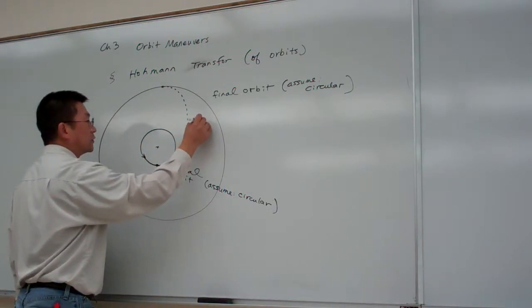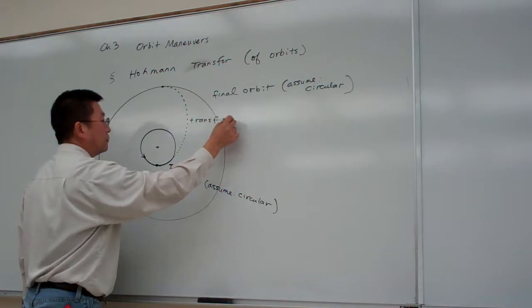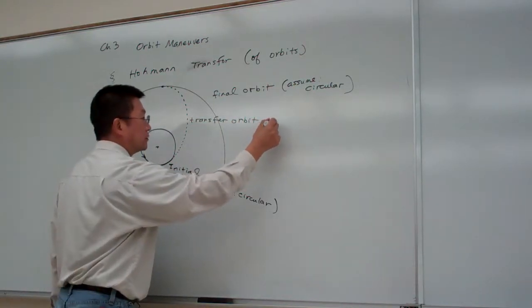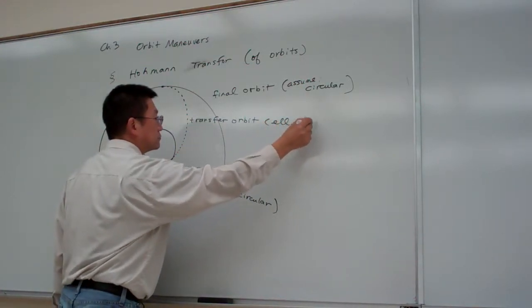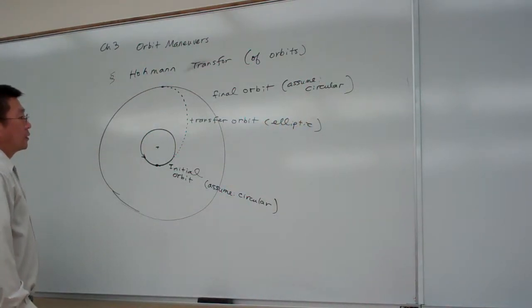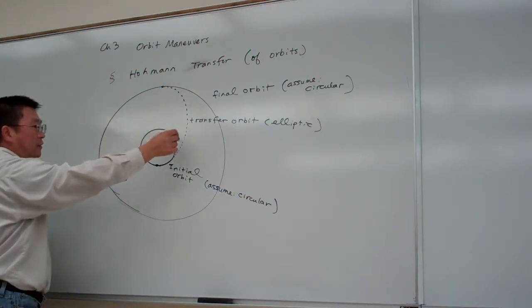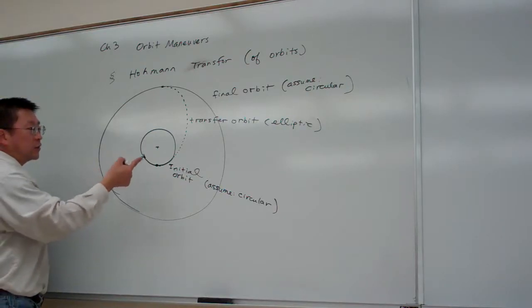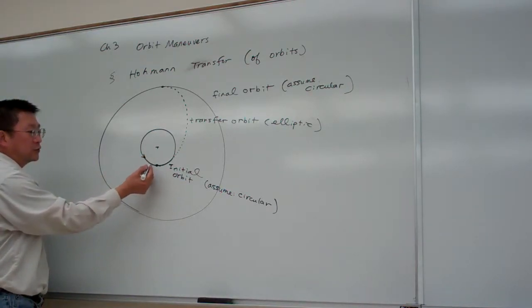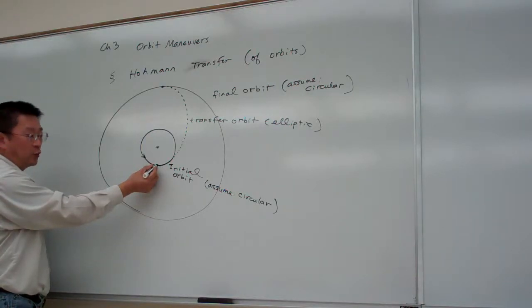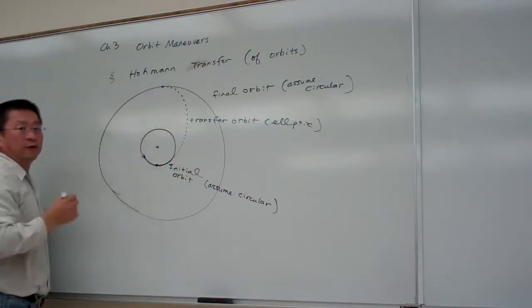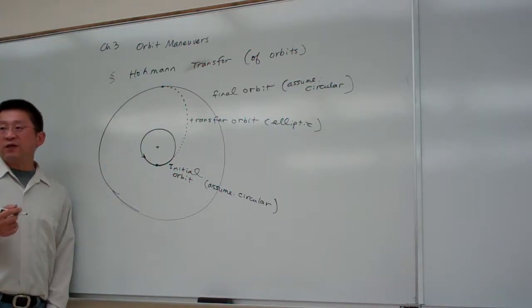This is called the transfer orbit, and definitely this is elliptic. This is the half cycle of an elliptic transfer orbit. This transfer orbit is tangent to the initial orbit at the South Pole here, and tangent to the target orbit at the North Pole there. And that is the definition of what we call the Hohmann transfer.